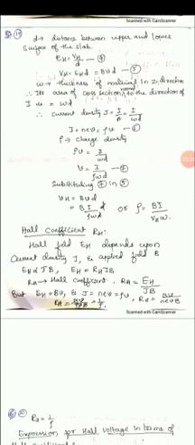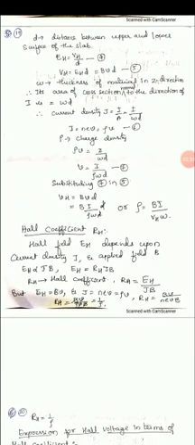W is the thickness of the material in the Z direction, and its area of cross section, normal to the direction of current I, is W into D. D is the distance between the upper and lower surfaces, and W is the thickness.